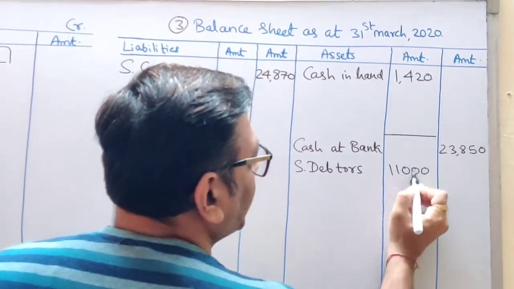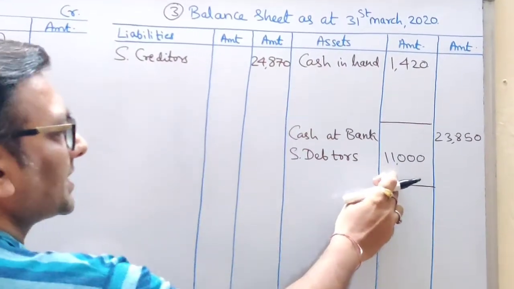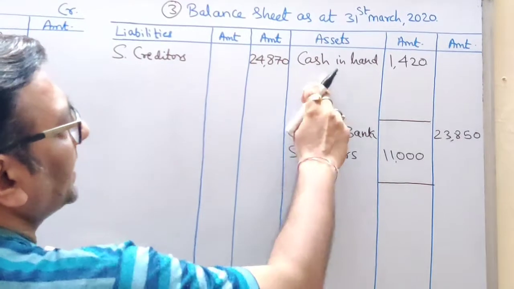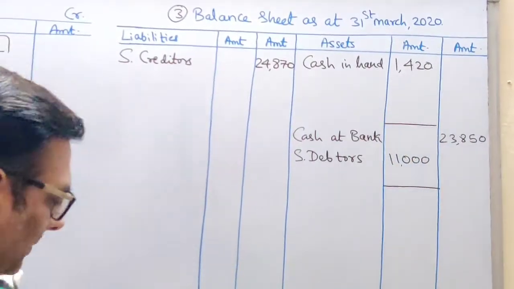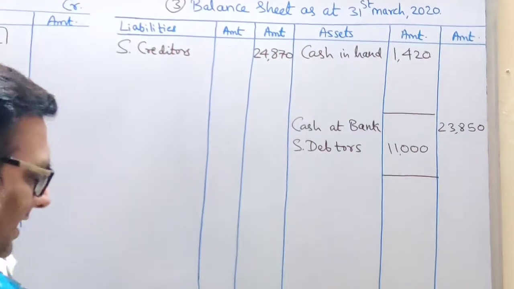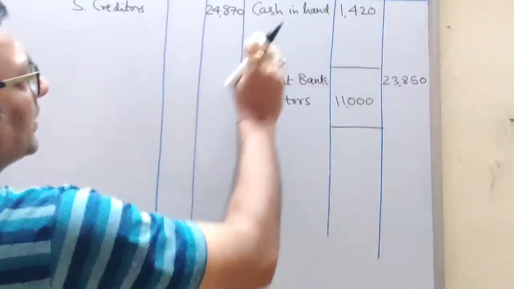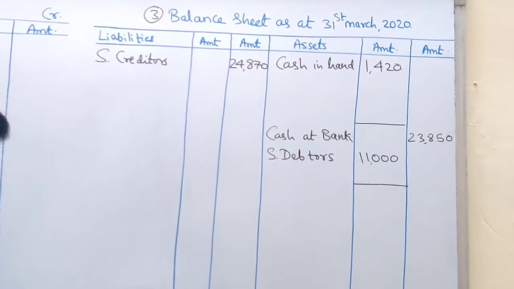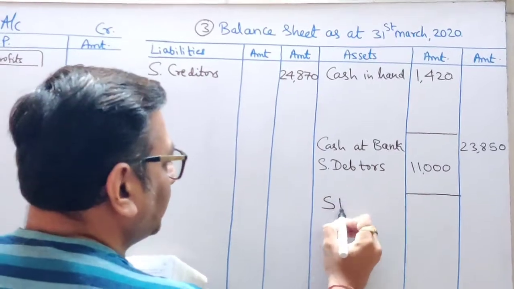And since there is an adjustment, I am leaving one extra line. So whenever there is an adjustment, you leave an extra line. See, in cash in hand, also there is an adjustment that new partner's capital will get added, new partner's goodwill will get added. So I have left 2-3 lines for cash in hand. Okay, so whenever there is an adjustment, do remember to leave a line for that particular item.